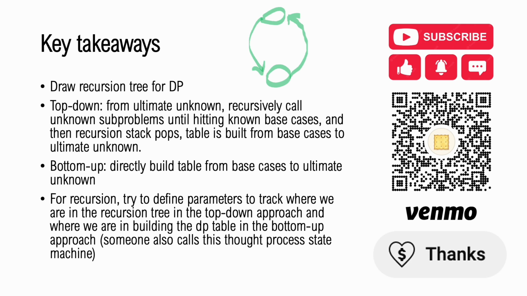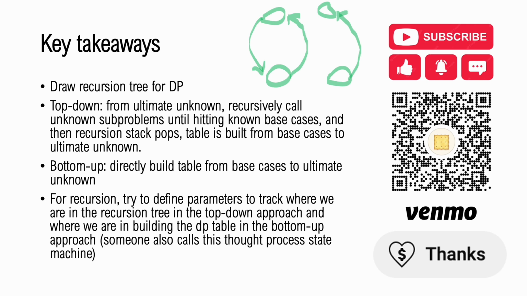And then bottom up is basically you build directly from the base cases with the known information, and then you build up the DP table until you reach the final answer, the optimal solution to the problem. The similarity between the top down and bottom up is you both will need to build a memo or DP table to help you track the optimal solutions to the subproblems, and you will rely on the known information from the base cases to get the final optimal solution.